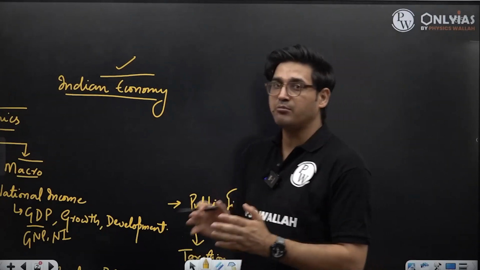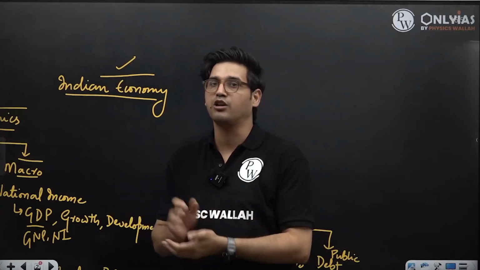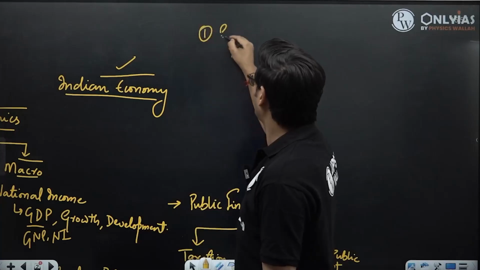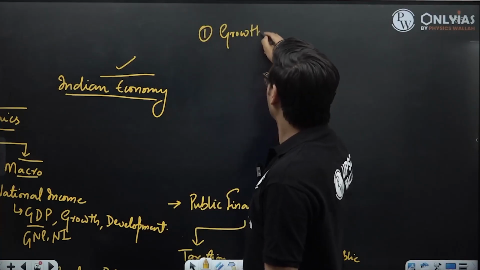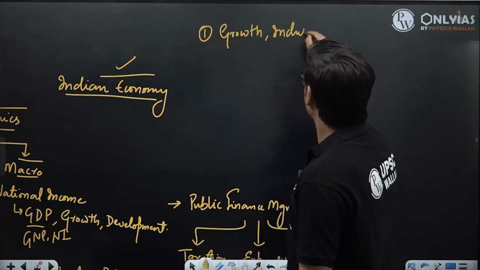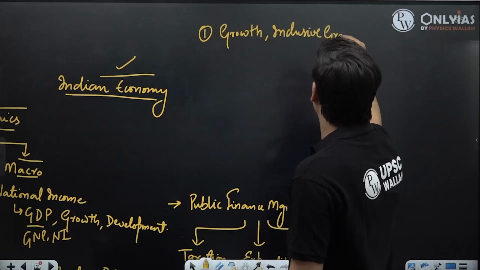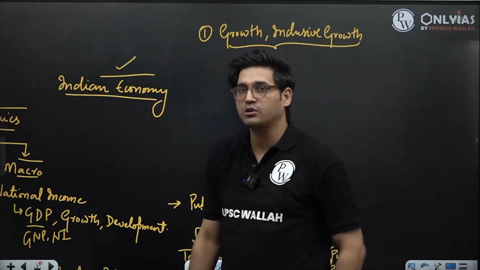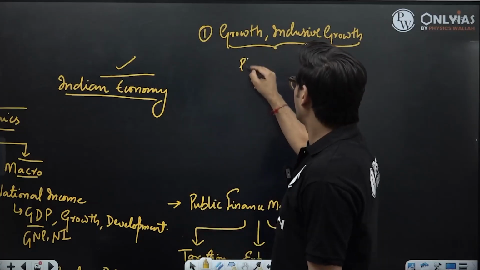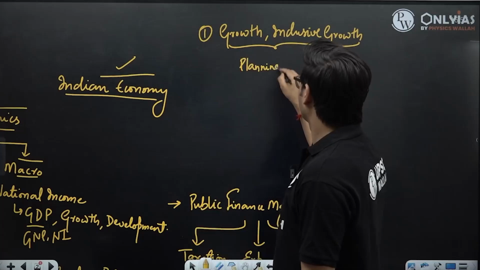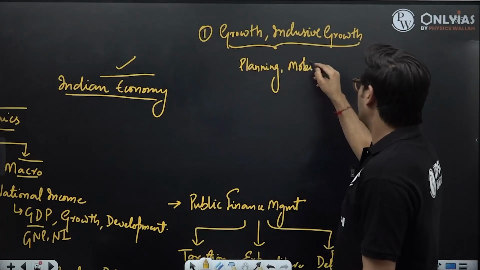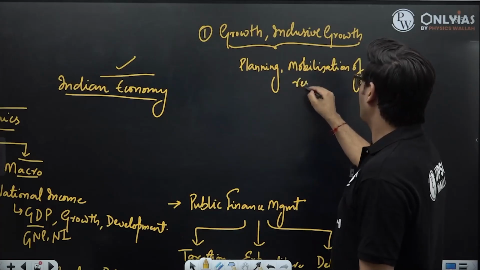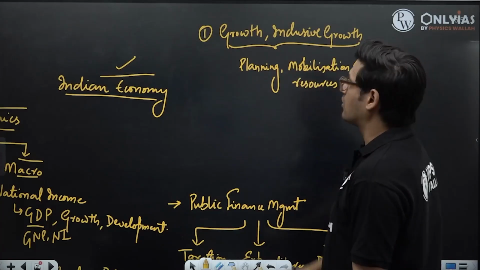There are 9 major topics in the Indian economy concerning the main syllabus. The first topic will be growth, inclusive growth, and associated with growth and inclusive growth, we will have to take up planning and mobilization of resources.